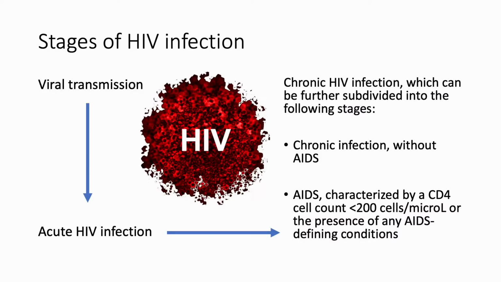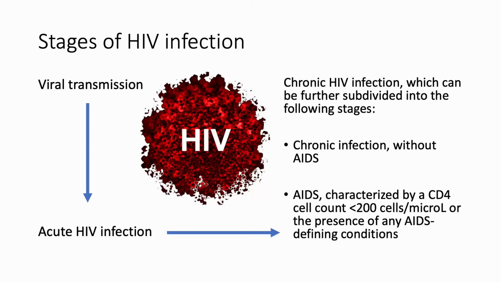Now let's discuss the stages of HIV infection. HIV infection can be divided into the following stages: viral transmission, acute HIV infection, and chronic HIV infection.